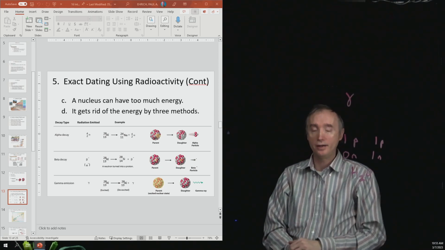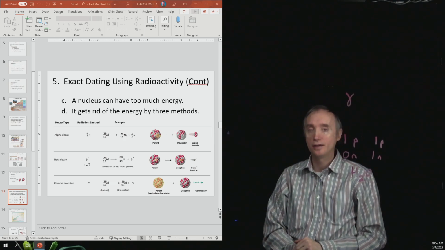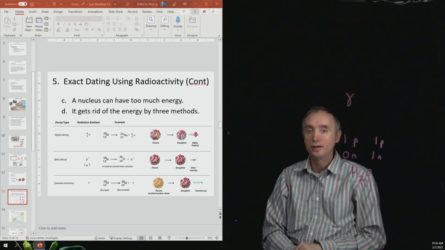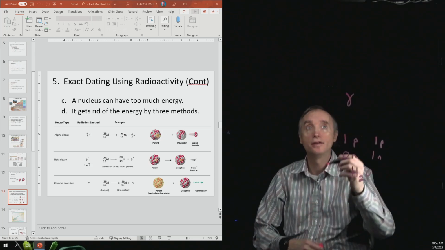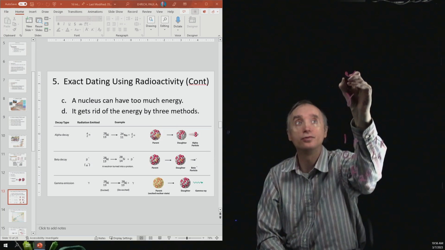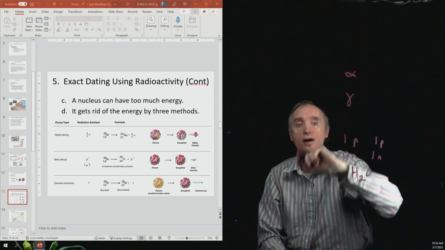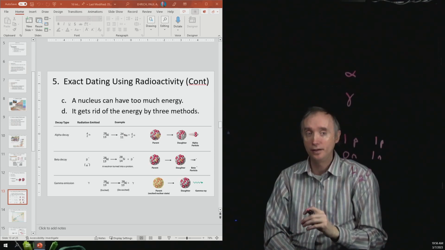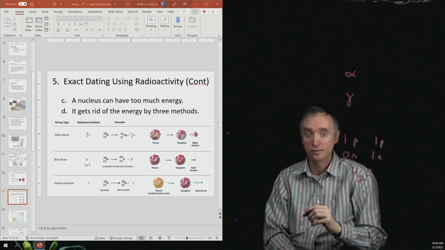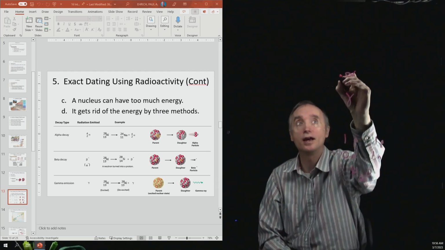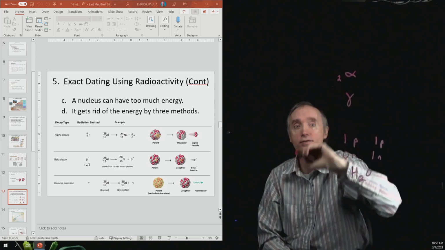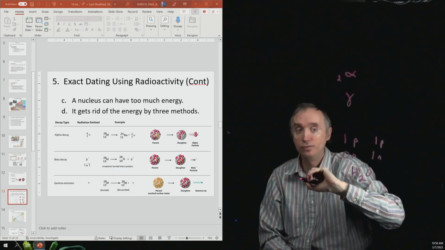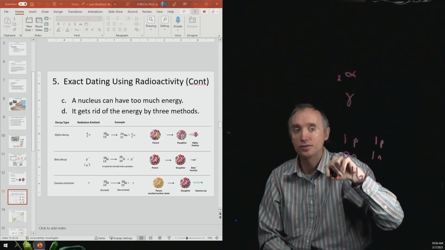Another way that a nucleus can give off energy is by giving off an alpha particle. An alpha particle is a helium nucleus. That means it's going to have 2 protons and 2 neutrons. So 2 plus 2 is 4.